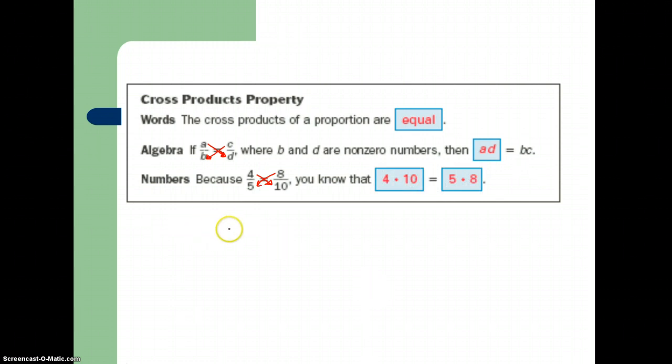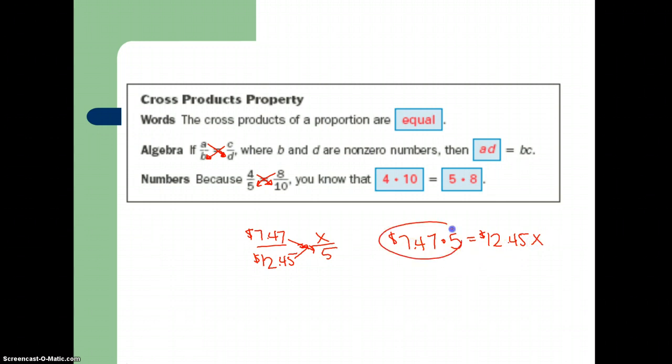If we go back to the movie problem, we had $7.47 over $12.45 set equal to x over 5. We could have done $7.47 times 5 is equal to $12.45 times x. Multiplying this together gives $37.35, set equal to $12.45 times x.